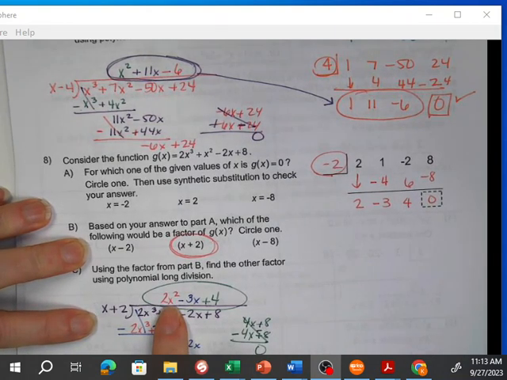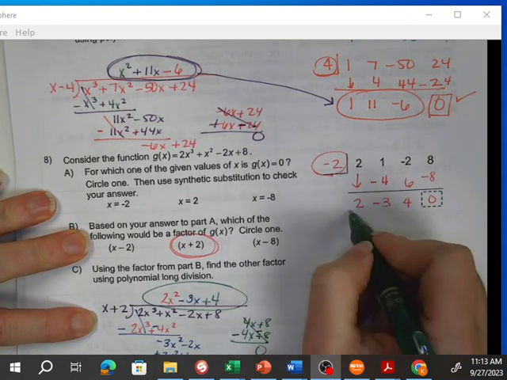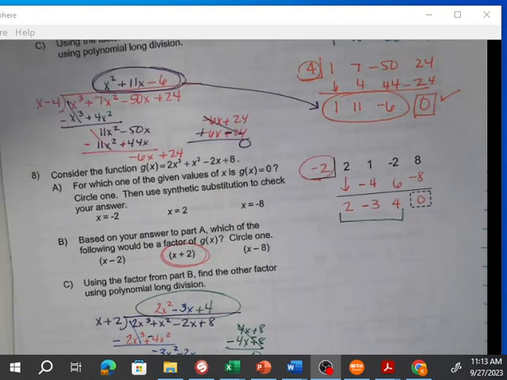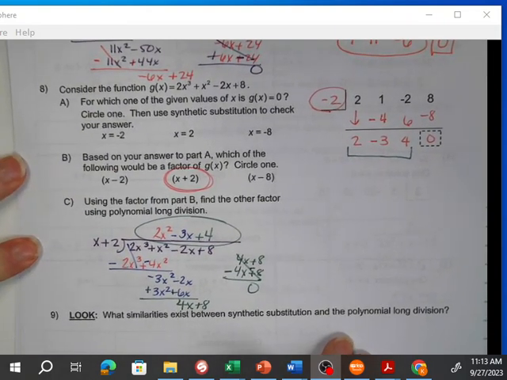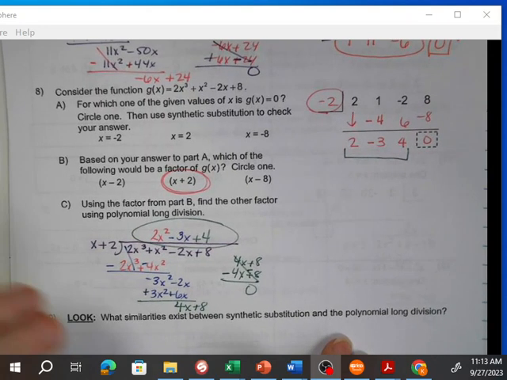So I got 2x squared minus 3x plus 4, which is exactly what I got over here. It should be, the coefficients of the synthetic division and the coefficients of long division should be the same.